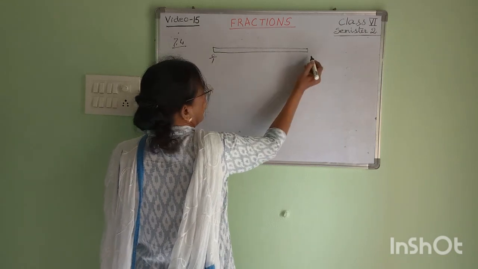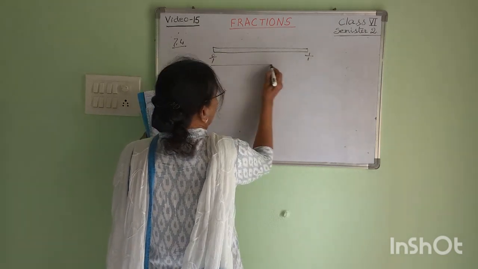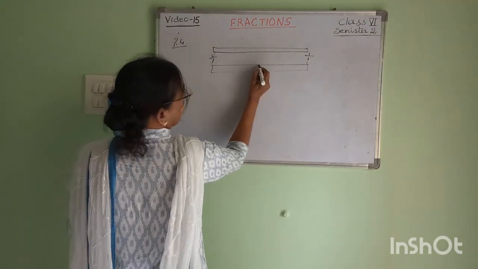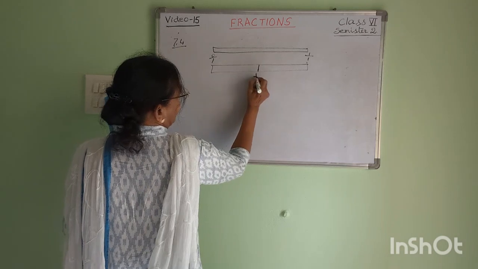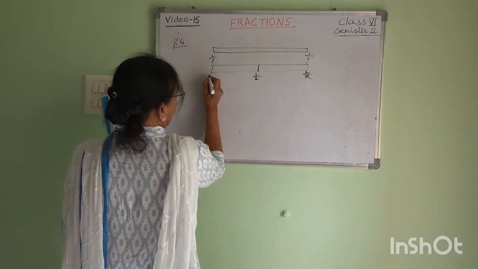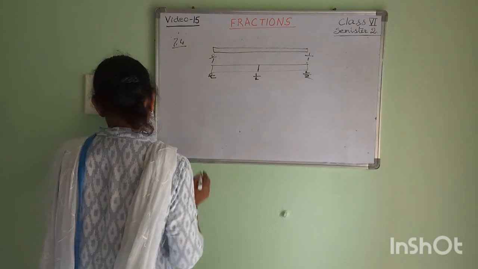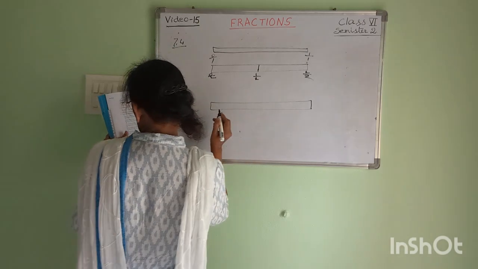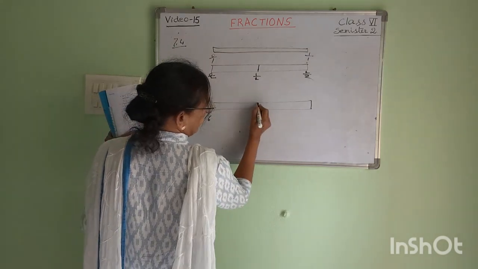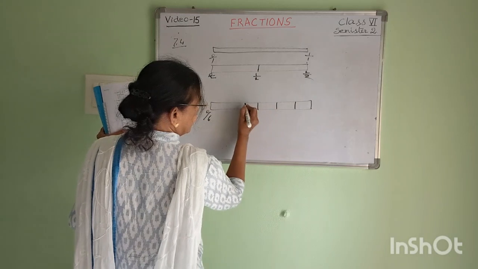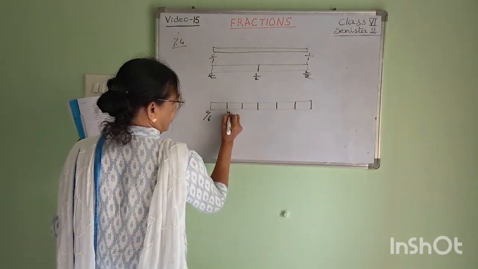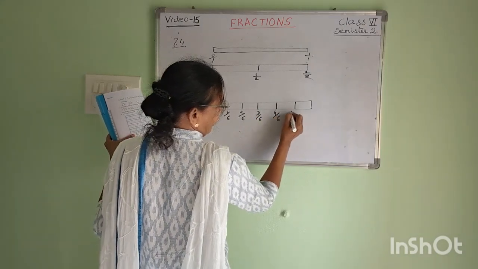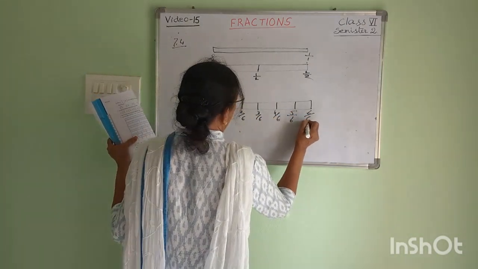This is 0 by 1 and this is 1 by 1, and again another rectangle, the same, with 0 by 2, 1 by 2, 2 by 2. Like this they have given up to 6. It is made into 6 equal parts like this: 1 by 6, 2 by 6, 3 by 6, 4 by 6, 5 by 6, 6 by 6.